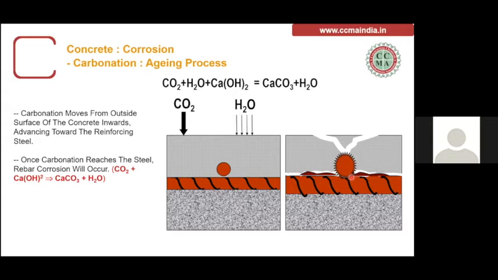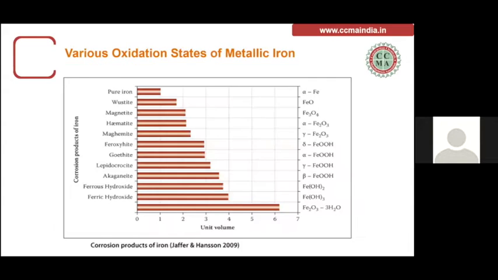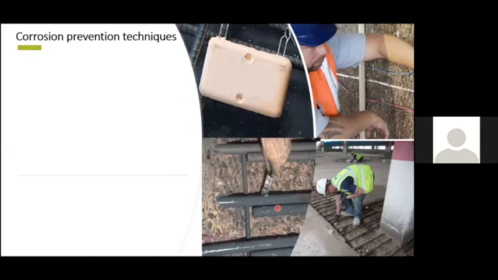So that's the carbonation process, how the concrete corrosion takes place. And if you see the volume of expansion of the metallic iron and the various oxidation stages over a period of time, you almost have 600% expansion of steel that happens when these corrosions set in inside the embedded metal in concrete.